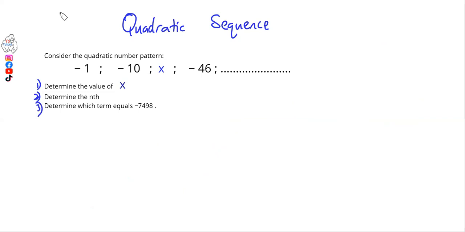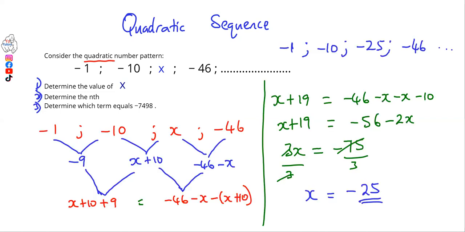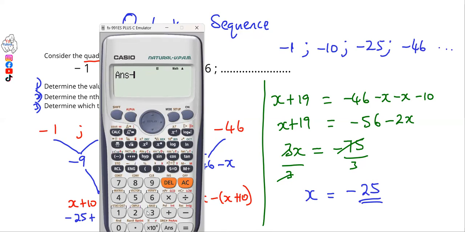Determine the nth term. How do we do the nth term? Do we have the second difference, the first difference? Yes, we can do that now. We know that our difference here, we can just substitute negative 25. If we say negative 25 plus 19, what do we get?